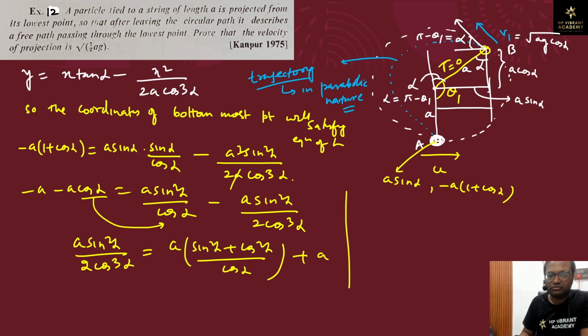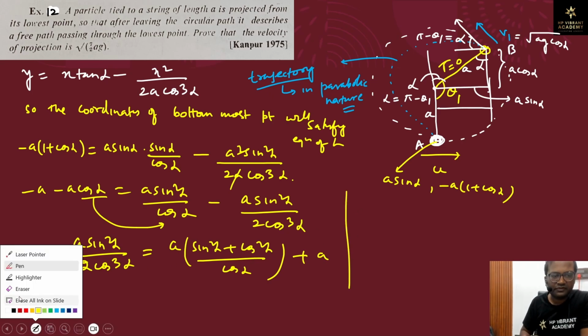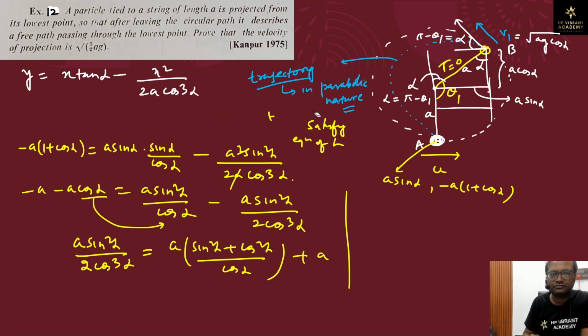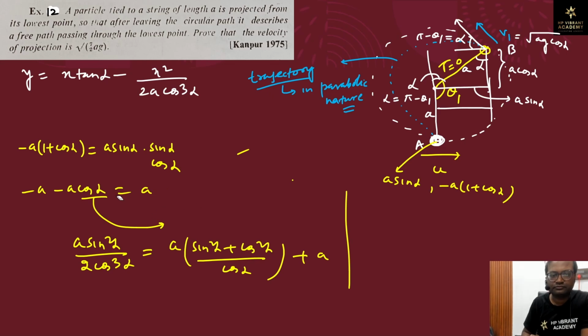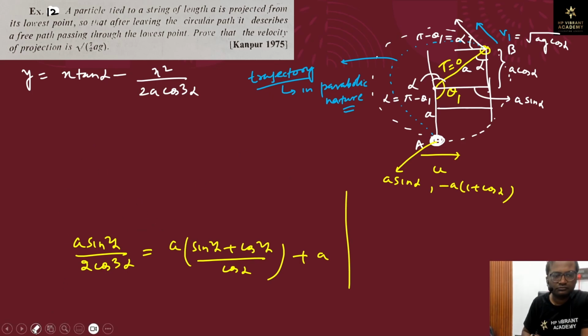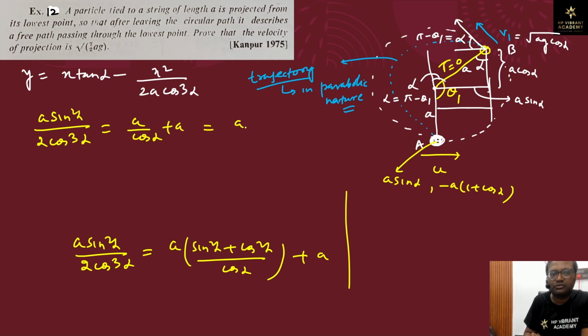So this is equal to, let us further simplify this. So we have this as a sin square alpha upon 2 cos cube alpha is equal to a upon cos alpha plus a, equal to a (1 plus cos alpha) upon cos alpha. ठीक है?